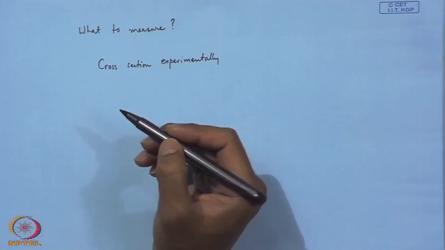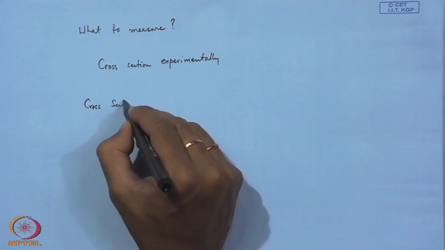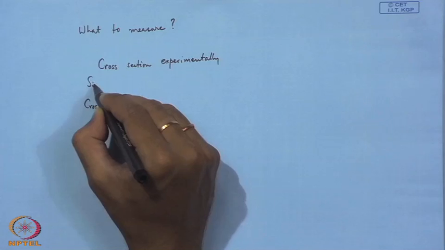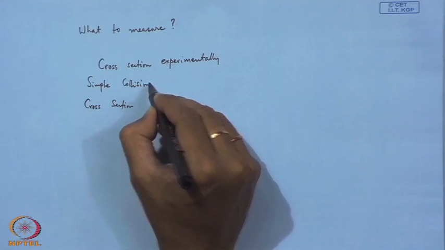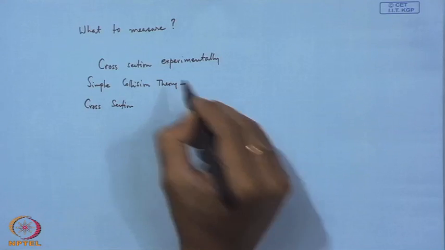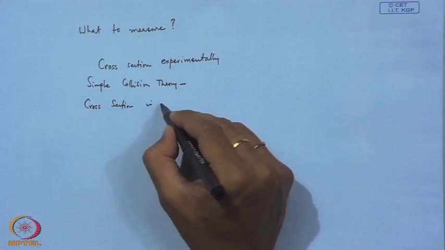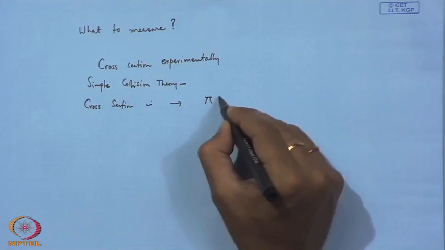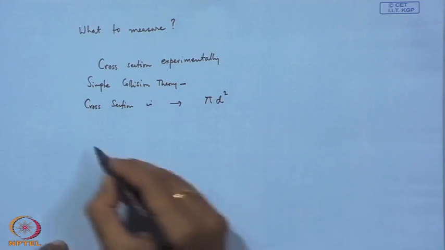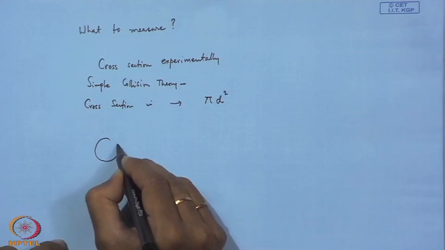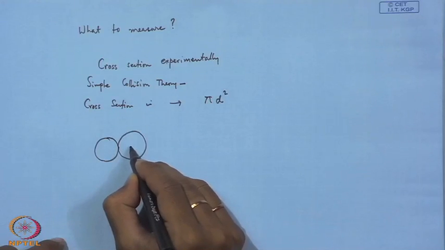So, in simple collision theory, the cross section is defined as pi d square, where d is the sum of the radii of two spheres, like this is one sphere and this is another sphere.